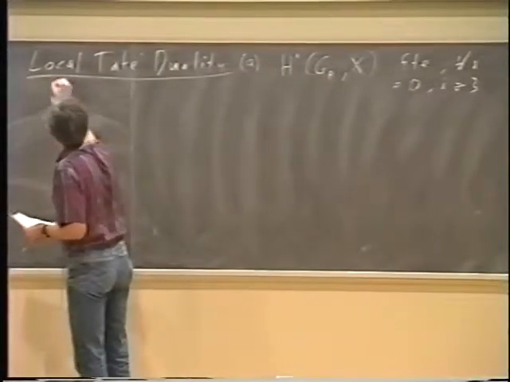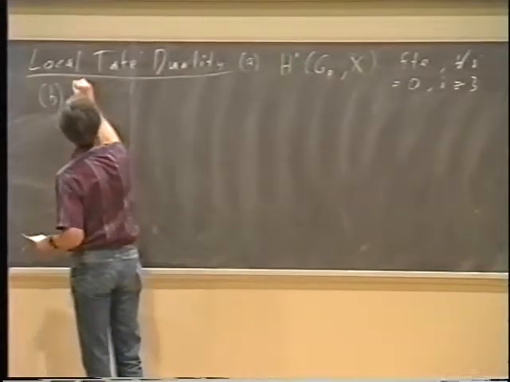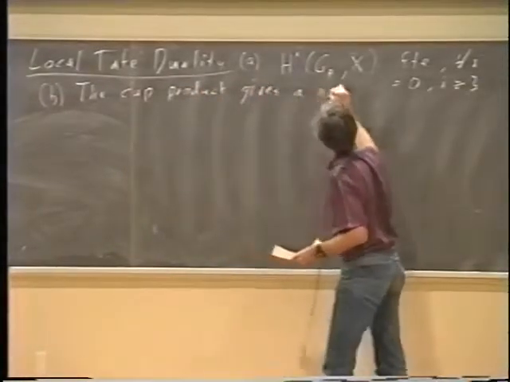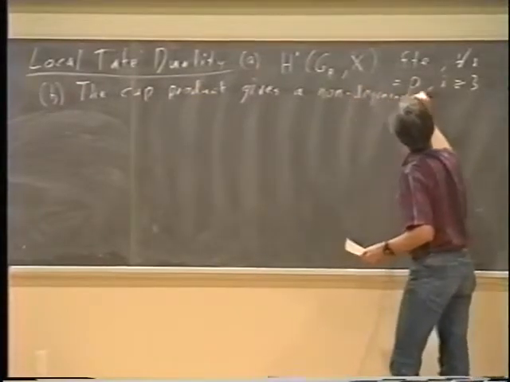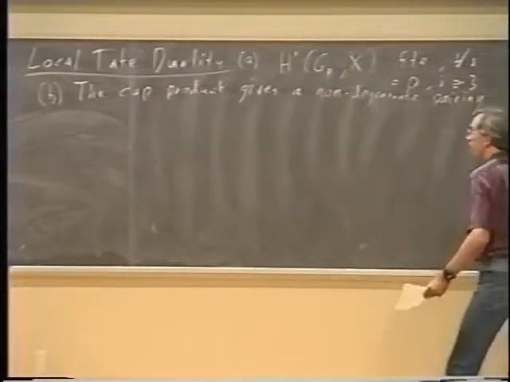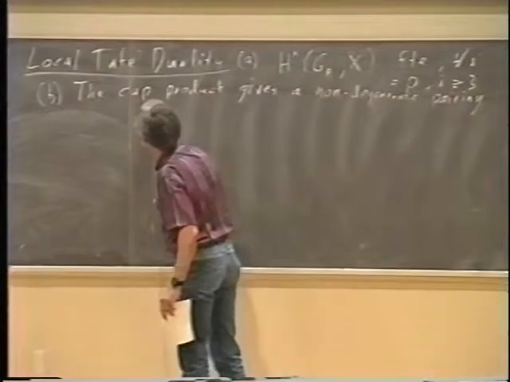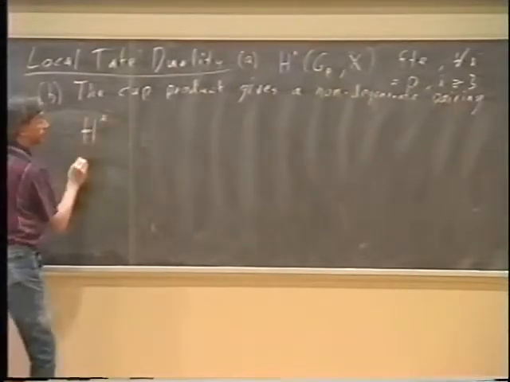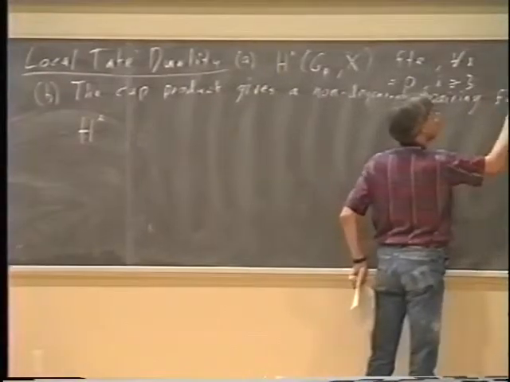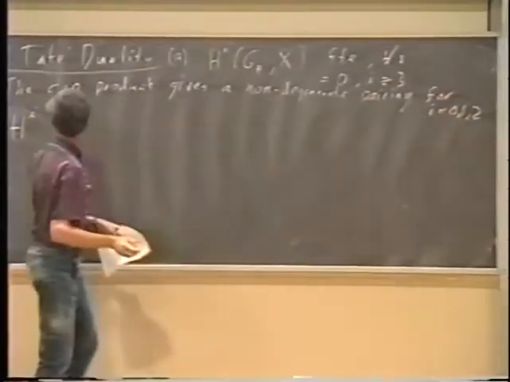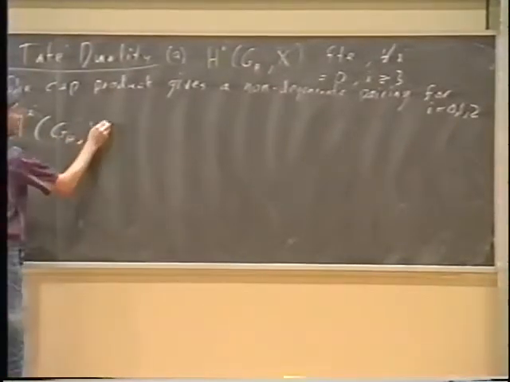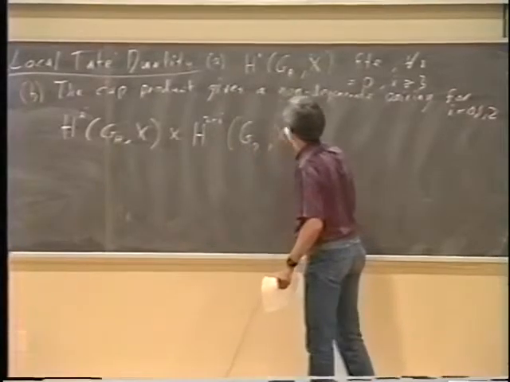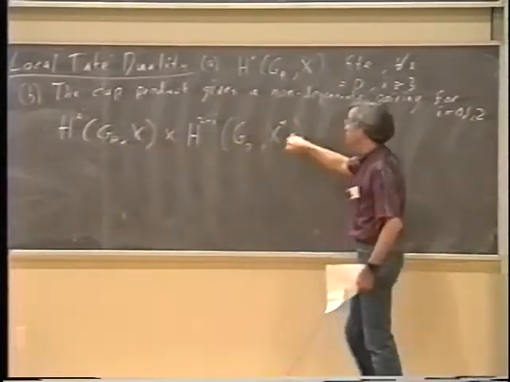And the cup product gives a non-degenerate pairing, let's say for i equals 0, 1, and 2, for H^i(GP, X) cross H^(2-i)(GP, X star). Well, now if you take X tensor X star, you get mu n.